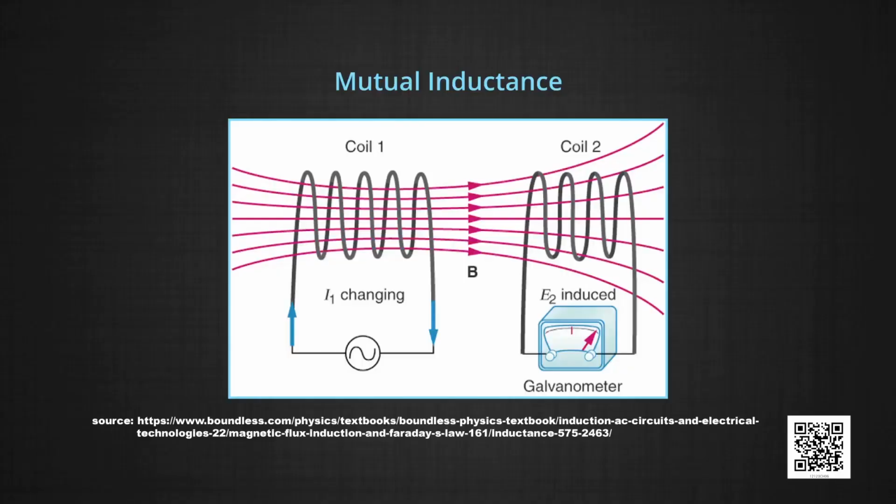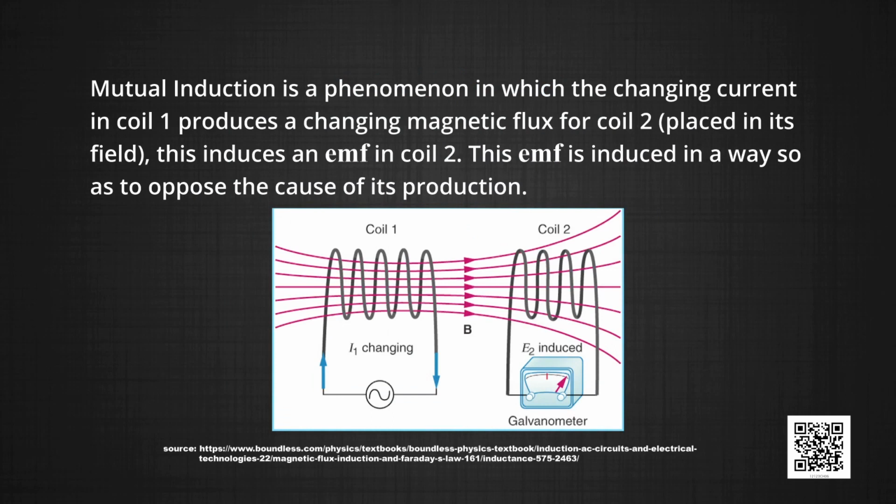Let us consider the case in which electric current can be induced in a coil by a flux change produced by another coil in its vicinity. This is called mutual inductance. You can see in the diagram that mutual induction is a phenomenon in which changing current in coil 1 produces a changing magnetic flux in coil 2 placed in its field.